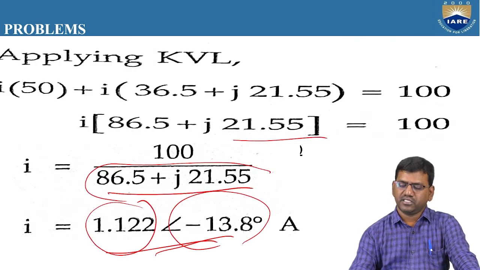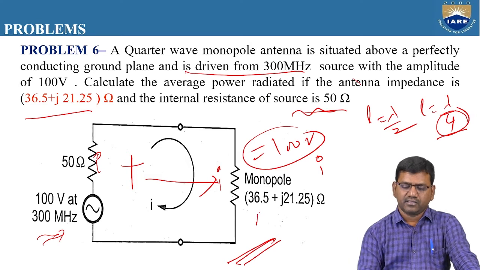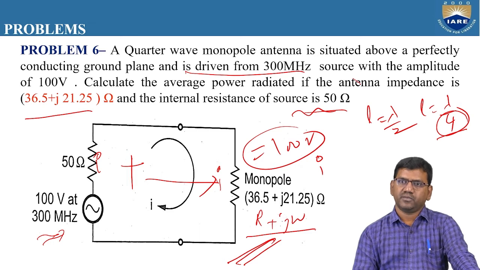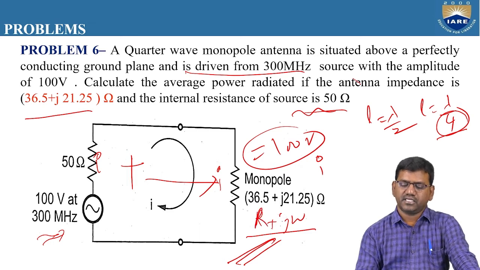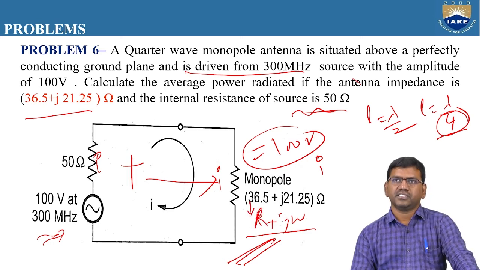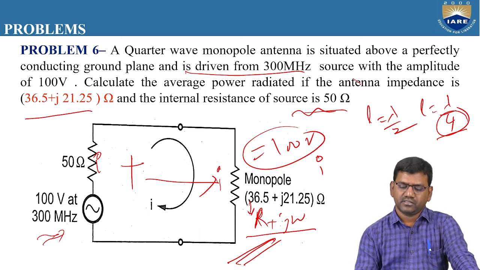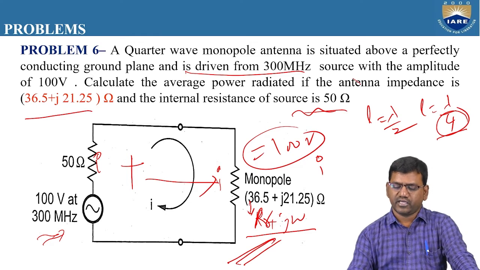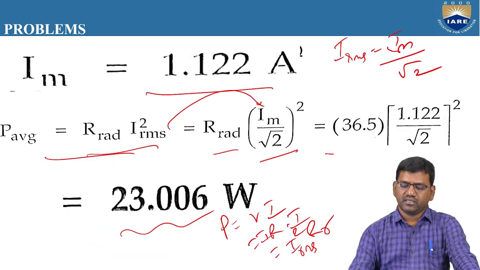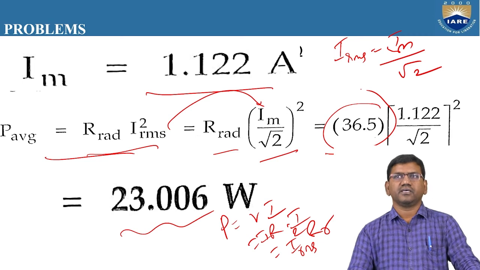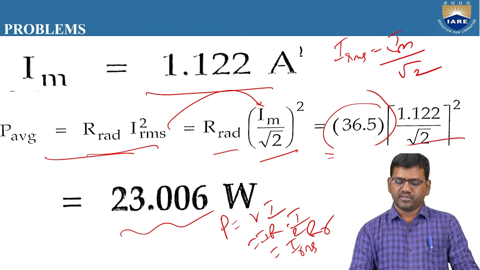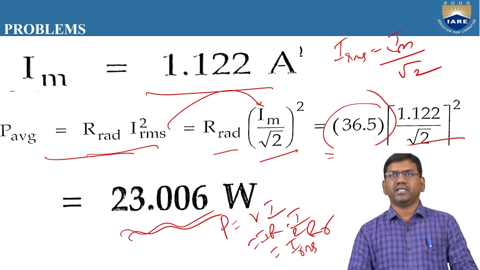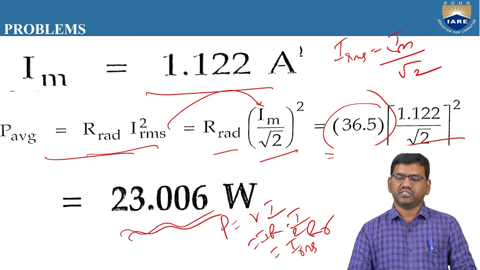So here you can see this is R plus j omega, that means this is the resistance value, known as the radiation resistance of the antenna, taken as R_r. The radiation resistance of the monopole antenna is 36.5 ohms, and simplifying, the total average power radiated by the monopole antenna is 23.006 watts.